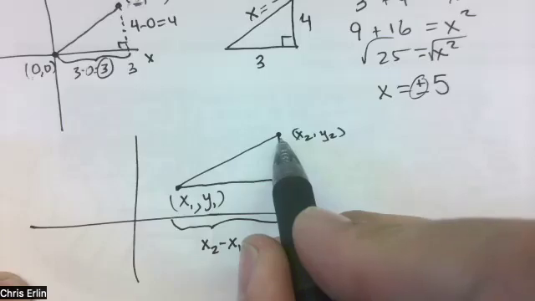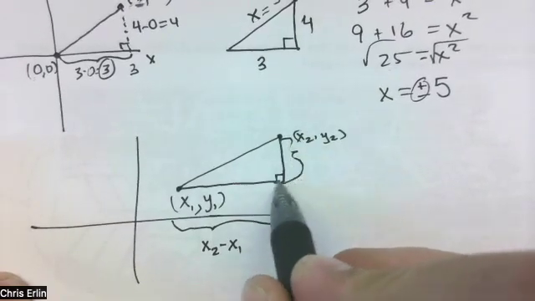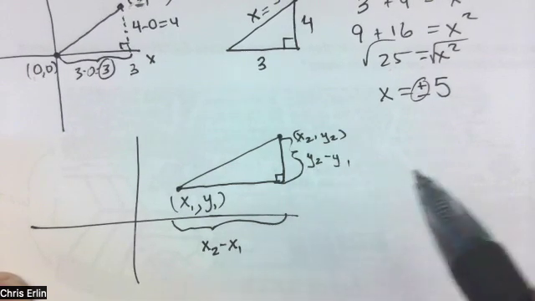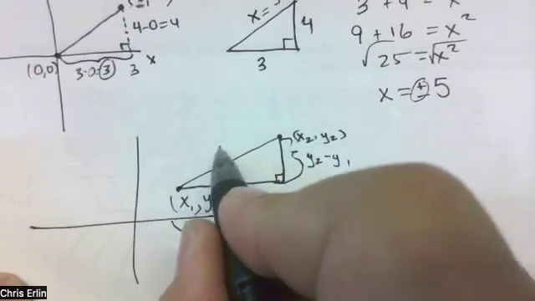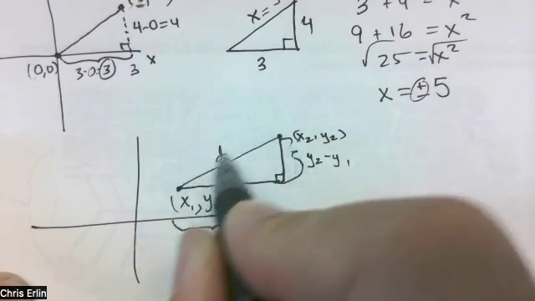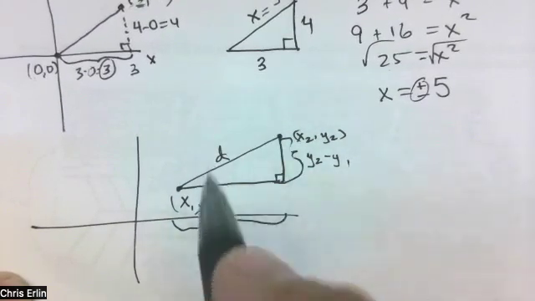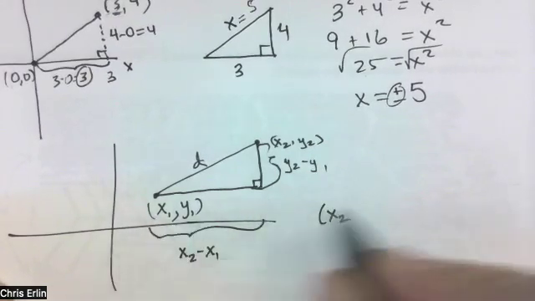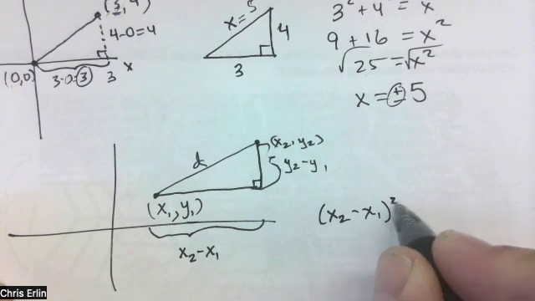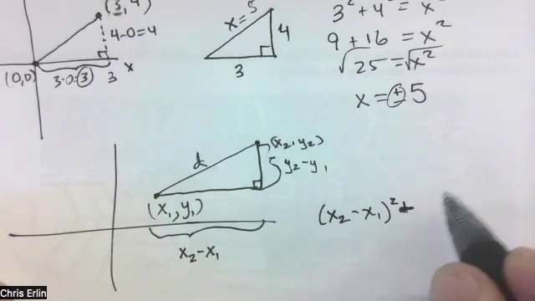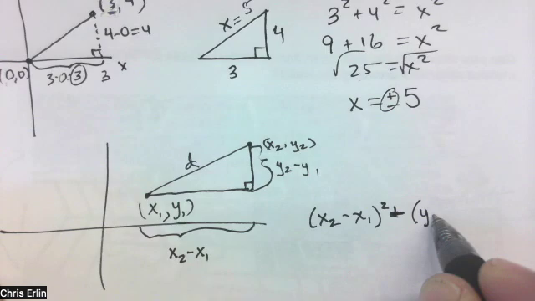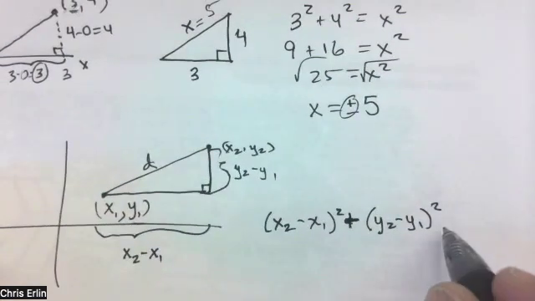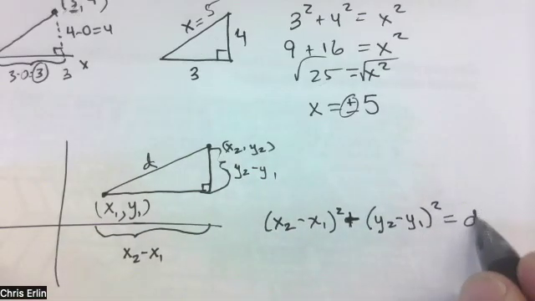And then I also want to find the length of this side, which will be y2 minus y1. And if I'm looking to find the distance of this segment, the diagonal one, I can do, like you said, the Pythagorean theorem. I can say that this one, x2 minus x1 squared, plus this one, y2 minus y1 squared, equals the hypotenuse, d squared.